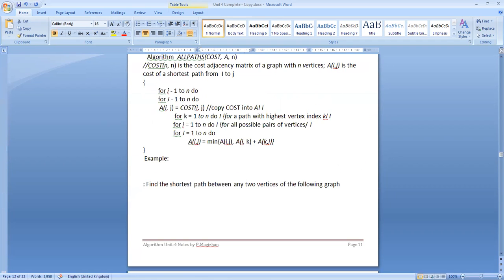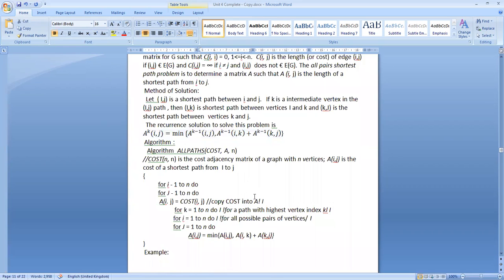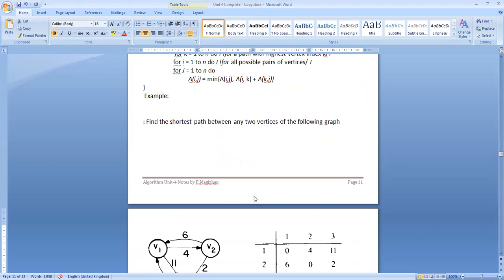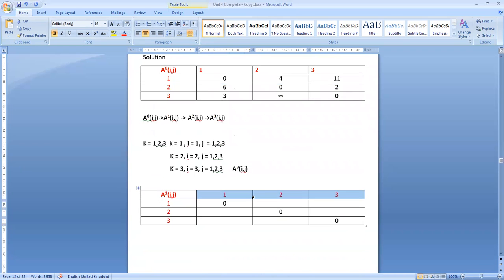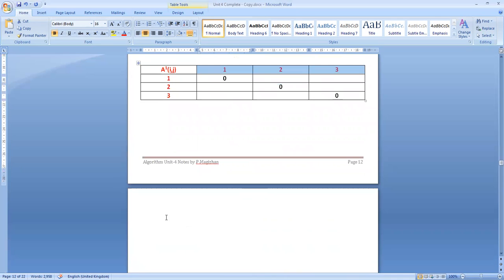Okay, so we shall apply this formula. The formula is A of I comma j equal to minimum of A of I comma j, comma A of I comma k plus A of k comma j.